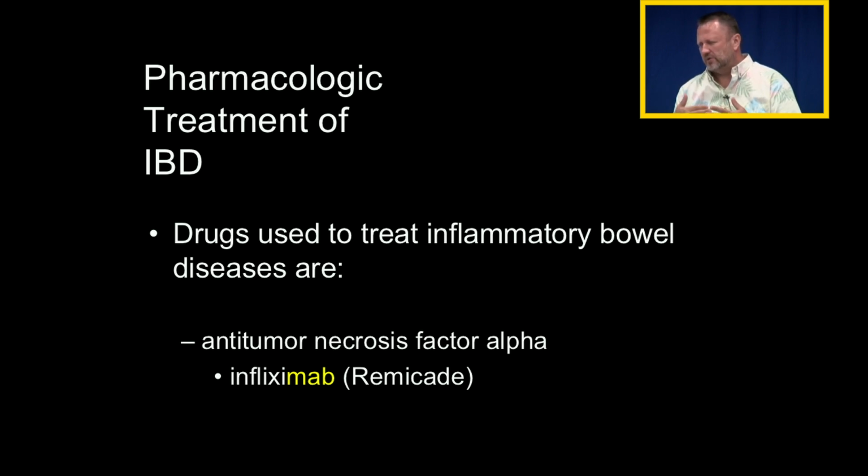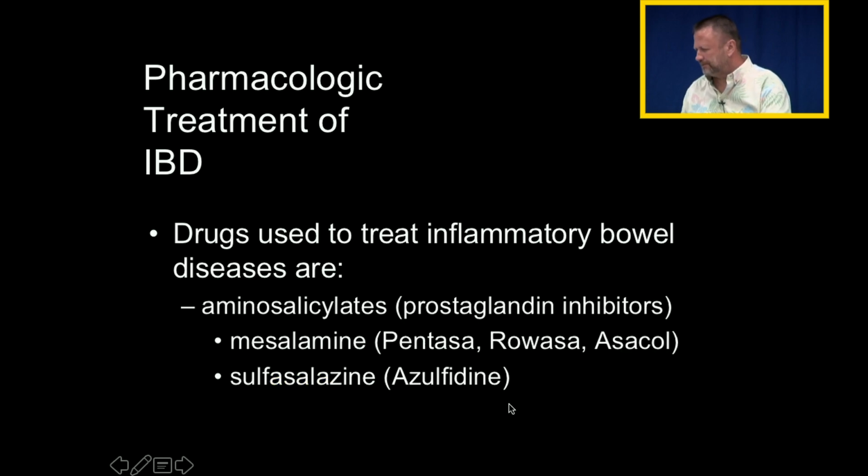We use drugs that interfere with the receptors of the tumor necrosis factor, and these can be used not only with inflammatory bowel disease, but severe rheumatoid arthritis as well. And so infliximab, Remicade, is an anti-tumor necrosis factor, and we'll see these drugs used more when we talk about immunology, and then we'll start talking cancer and chemotherapy. The first thing I wanted you to see with that MAB word, any generic term that ends in MAB means monoclonal antibody. And so we're going to talk about that more when we talk about immunology.